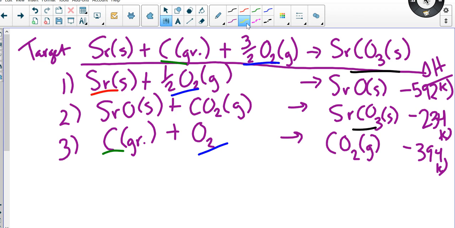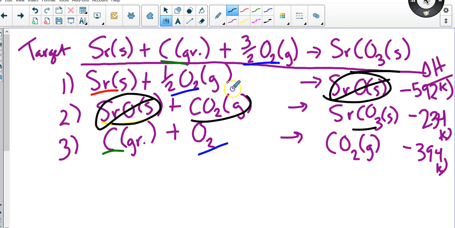That means the extra stuff, for example, there is no carbon dioxide up here, should cancel, right? So let's start playing the matching game. I have a strontium oxide. Strontium oxide. Strontium oxide. And then the carbon dioxide, there's 1.